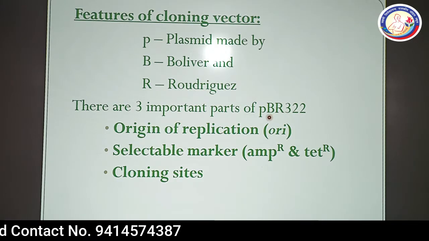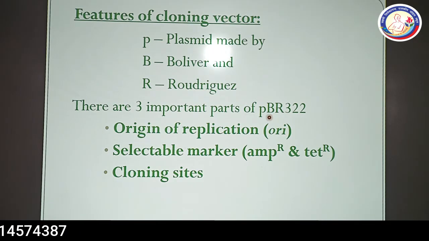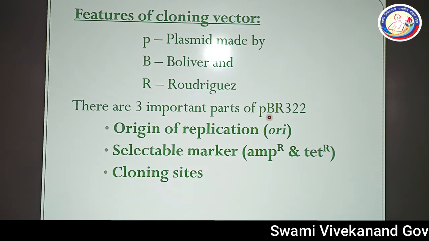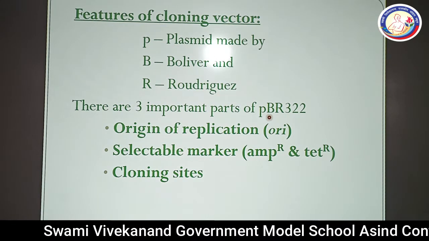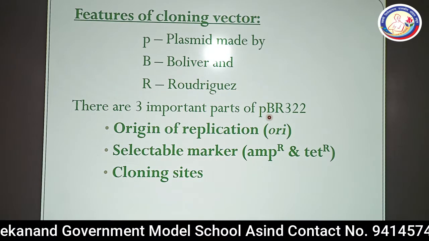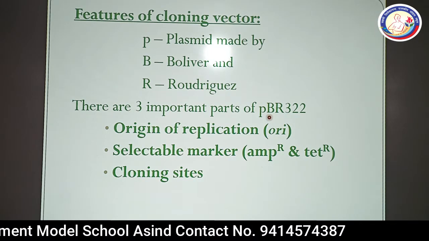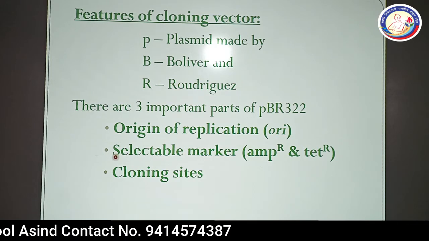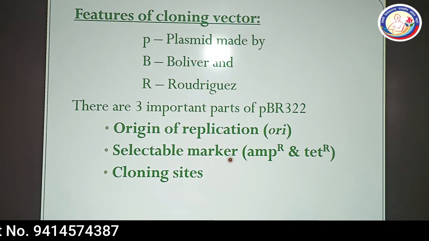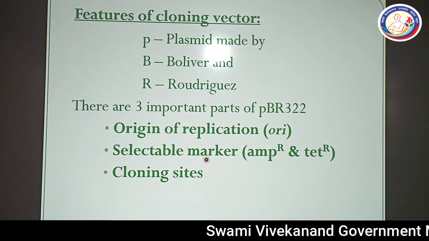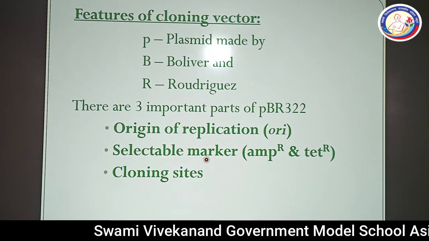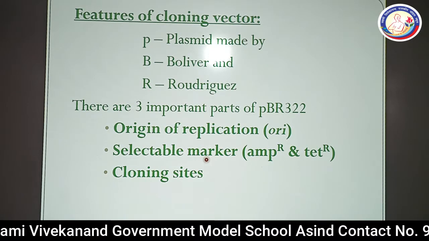First of all, it contains ORI, which means origin of replication. This is the special sequence of nucleotides from where replication is started. Similarly, the second part is the selectable marker genes. These are the genes from which we can identify the recombinant cell.